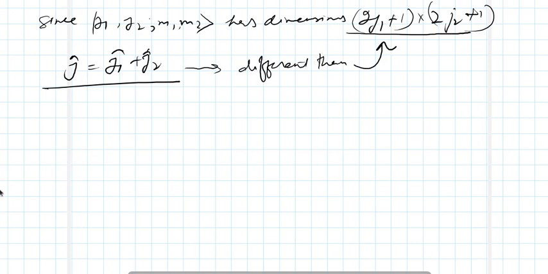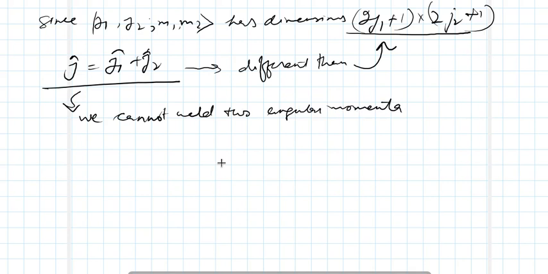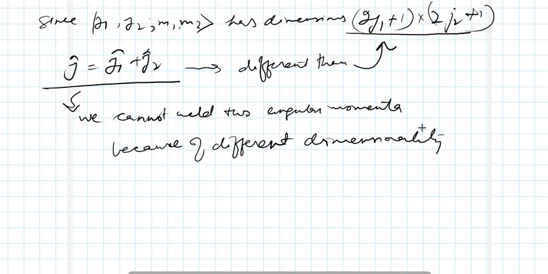That means we cannot simply add two angular momenta because of different dimensionality, right? So that means we have to do something else. Let us proceed further.